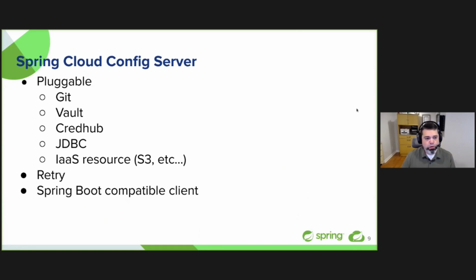So our Spring Cloud config server has pluggable sources. We started with Git. Git is nice because it provides some things like versioning and the ability to roll back configuration. But then things have evolved over time. We support secrets from Vault, from HashiCorp or CredHub.